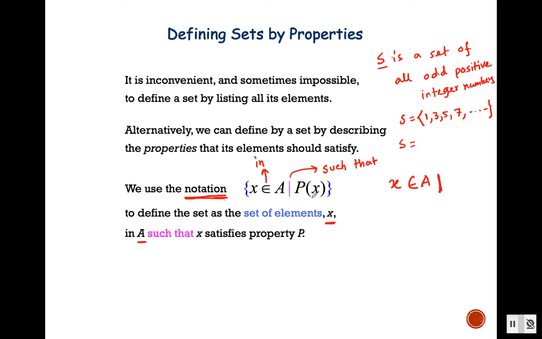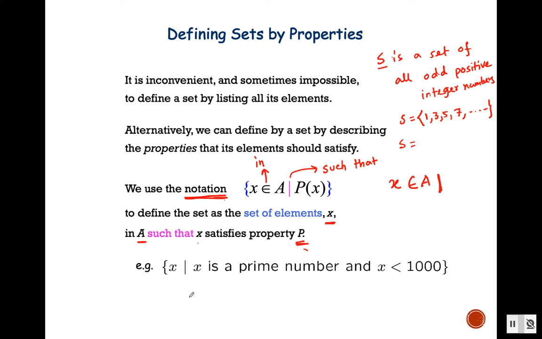P of x means that x satisfies property P. So this is a set of elements x, where x is a member of A such that x satisfies property P.